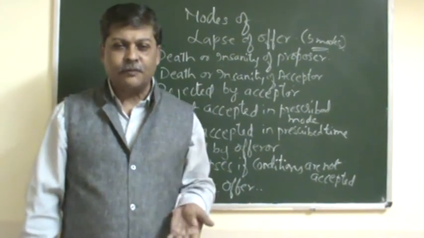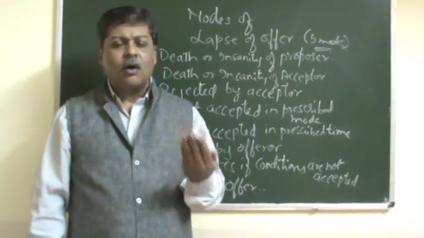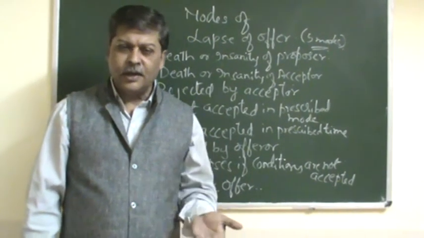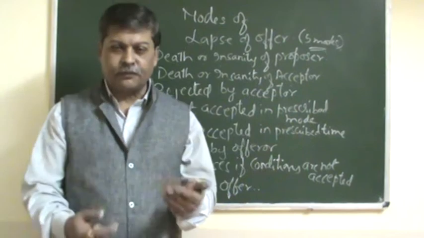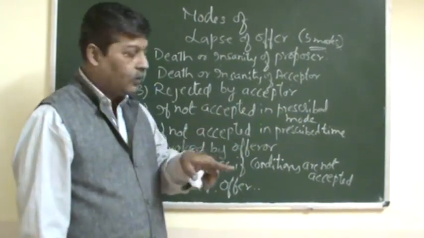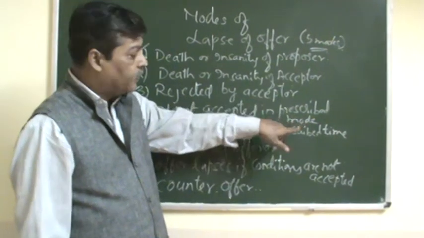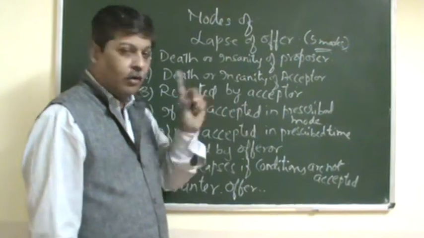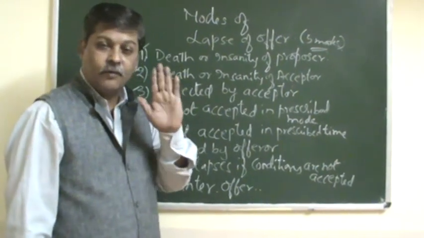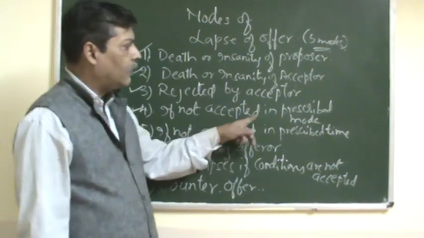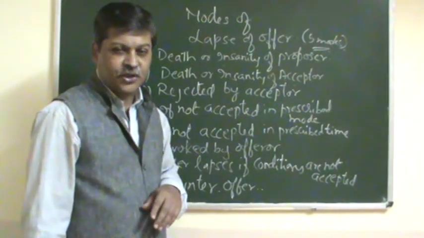If it is by telephonic message, or by email, or by letter, you can give it in any of the modes. If the acceptor has not followed the prescribed mode mentioned in the offer, then the offer is said to have lapsed. The offer comes to an end. This is another way the offer is said to have lapsed.